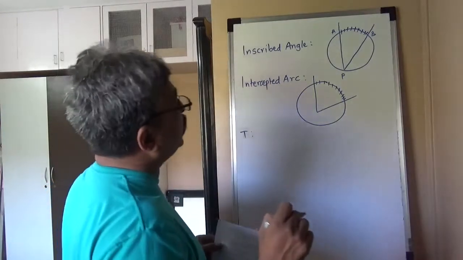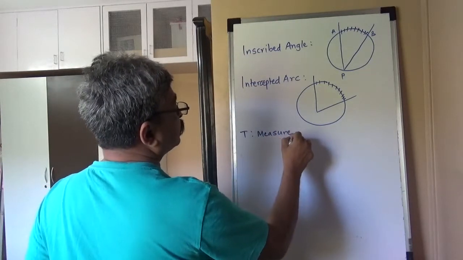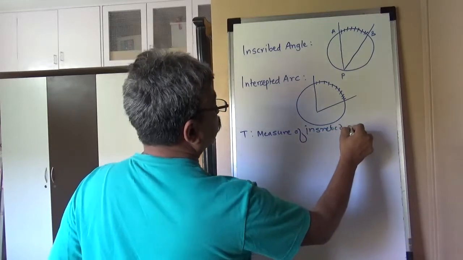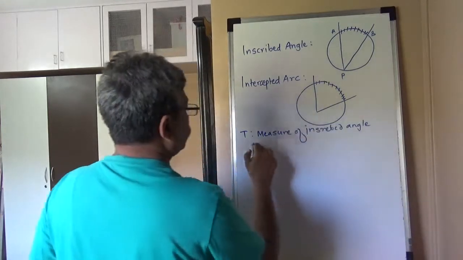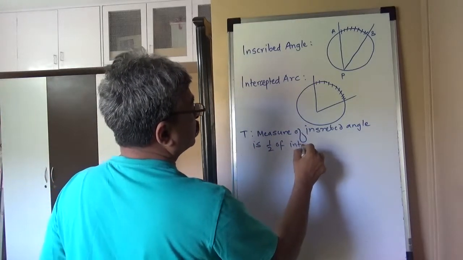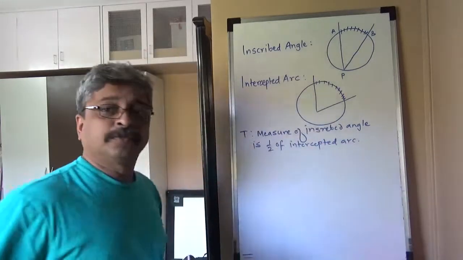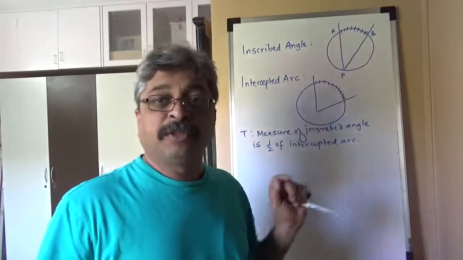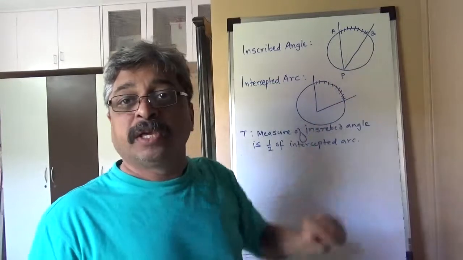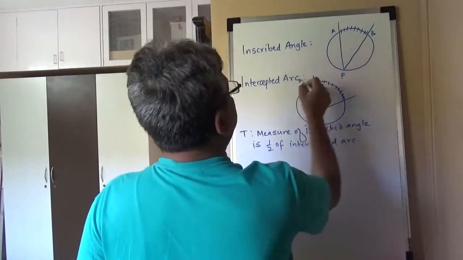is: the measure of an inscribed angle is half of the intercepted arc. So, if this is the situation, the measure of the inscribed angle, that means measure angle APB, is always half of that of the intercepted arc.